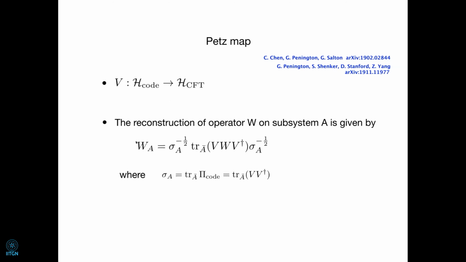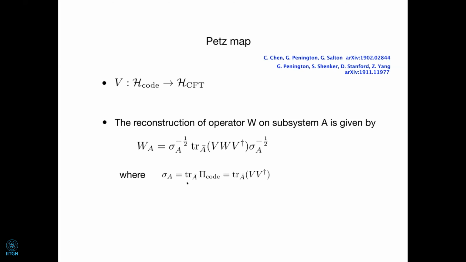This is what the Petz map tells us to do, at least in the notation of these papers. It's made of 3 parts. In the middle, we conjugate W by this embedding operator V. Then we trace out A bar. And then on both sides, we multiply this operator by sigma A to the power -1/2.